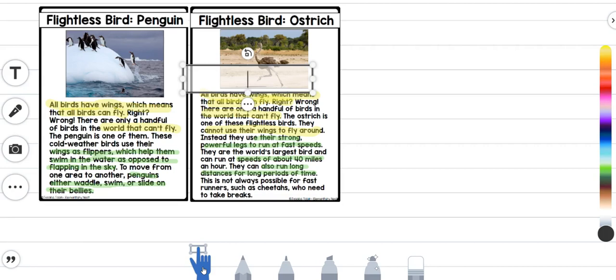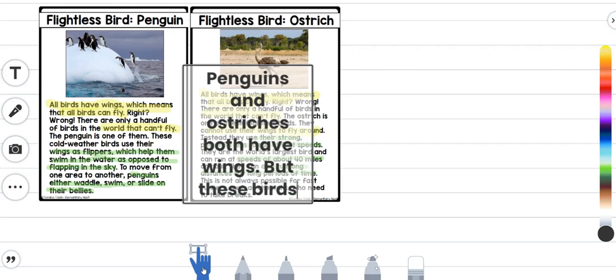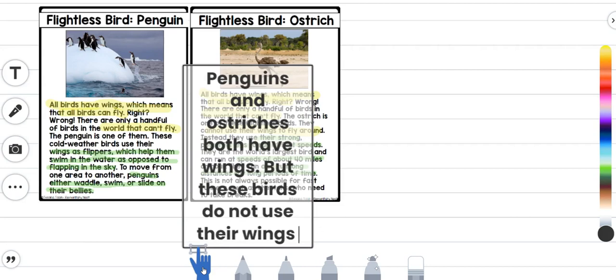So, penguins and ostriches both have wings, but these birds do not use their wings like other birds.